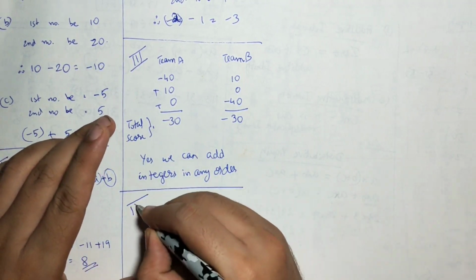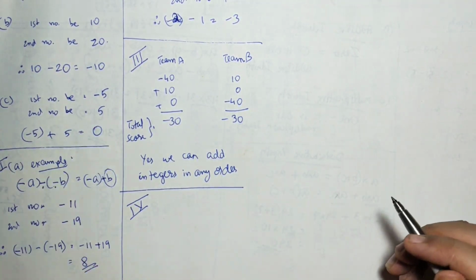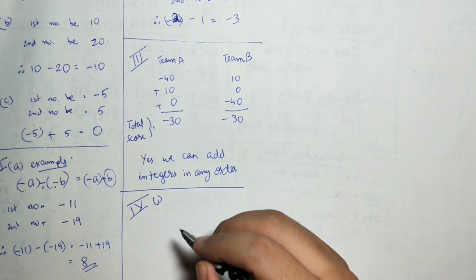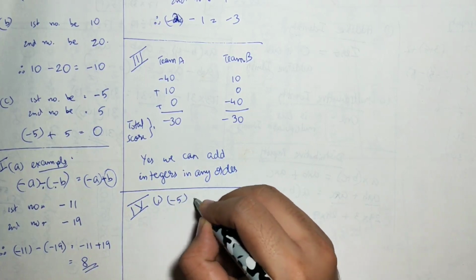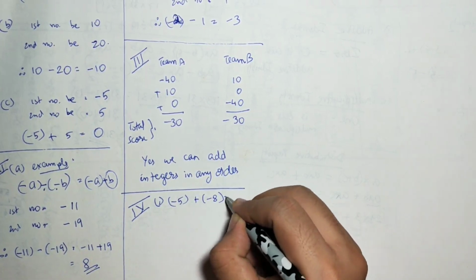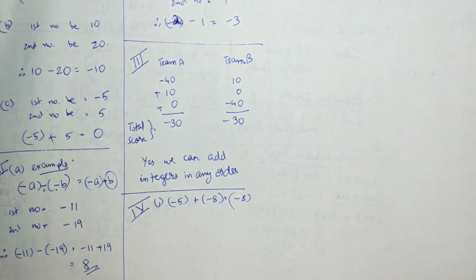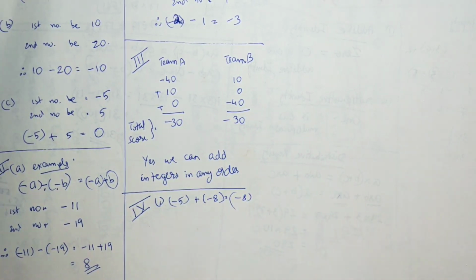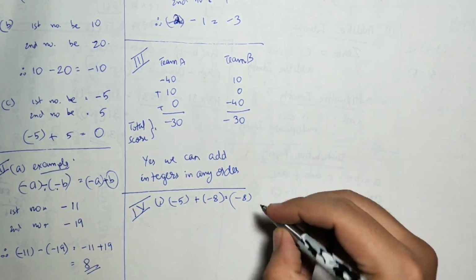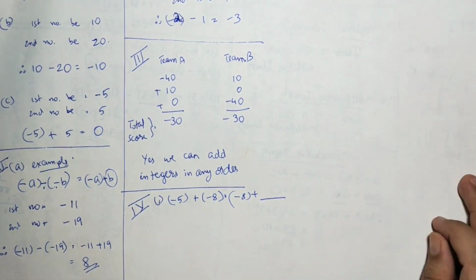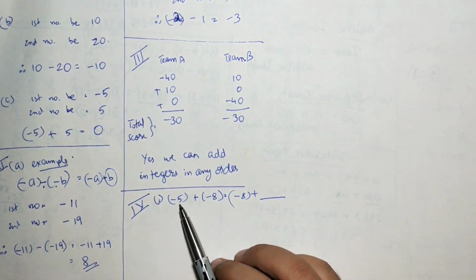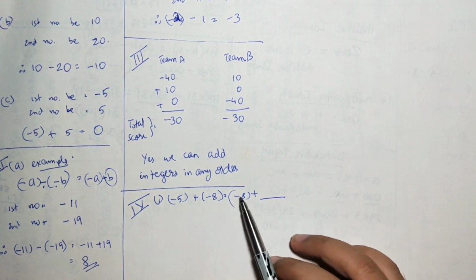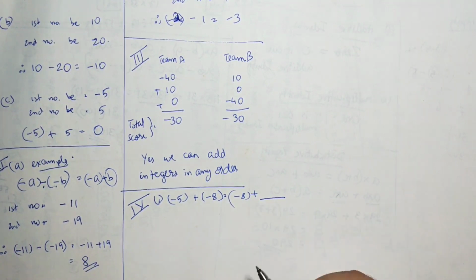Now the fourth question is a fill in the blank. It's very easy. So let us write this. -5 plus -8 is equal to -8 plus blank. As you can see, if -5 is added to -8, what should be added to -8 to make them equal?